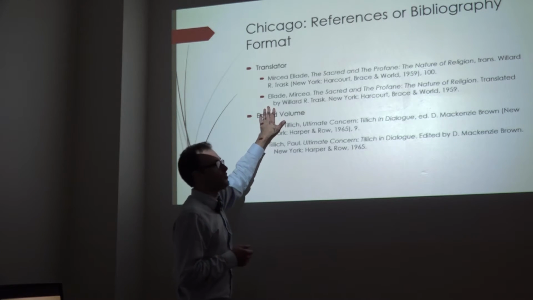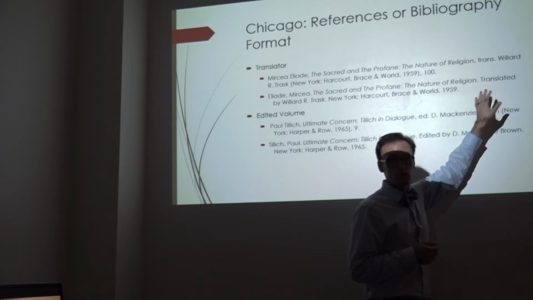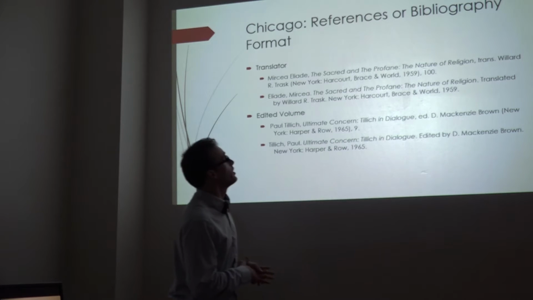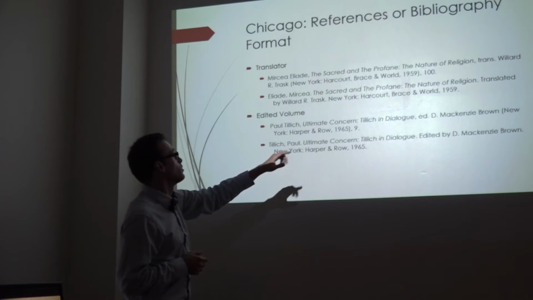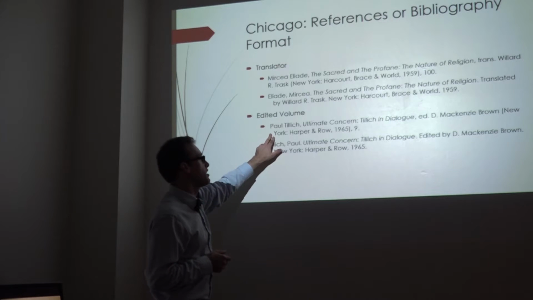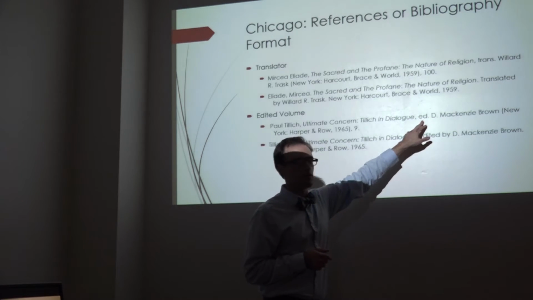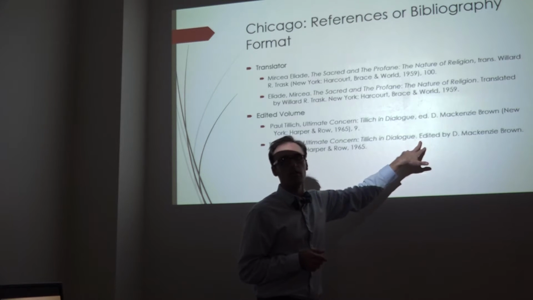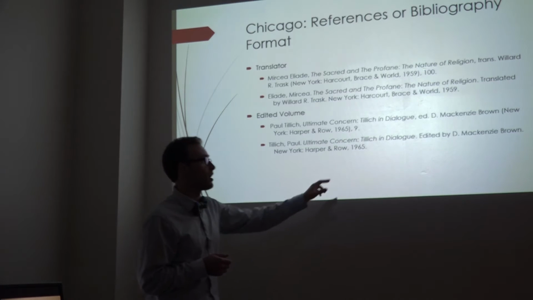Then in my bibliography, I use the whole word translated by, and then my translator, and then the info is normal. And then edited volume, same rule. I abbreviate editor, but in the bibliography, I spell out edited by.